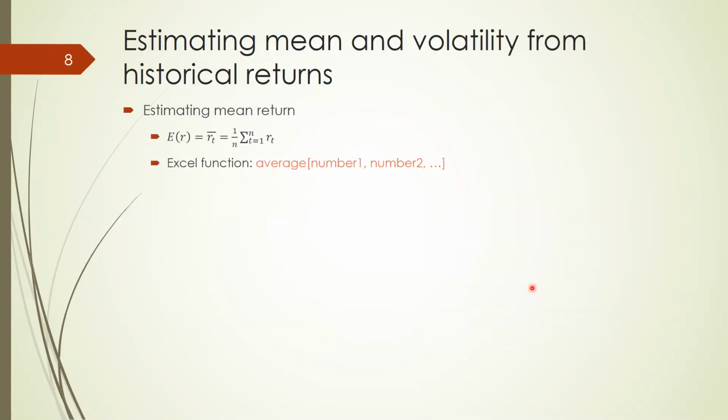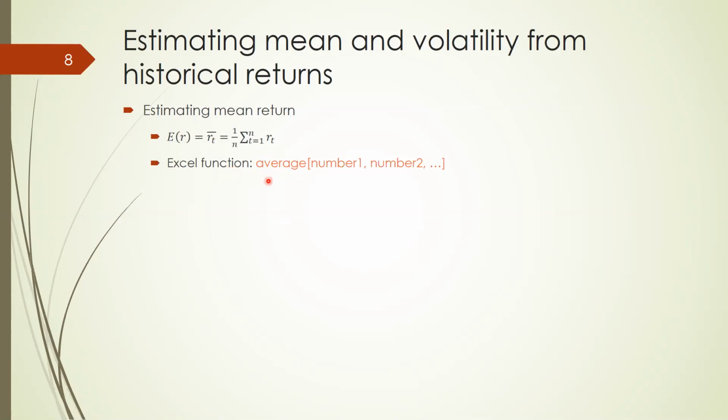How do we estimate mean and volatility using historical returns? We have two methods. One is using the calculation. The other is to use the Excel function. Average refers to the summation of the returns divided by the number of observations.